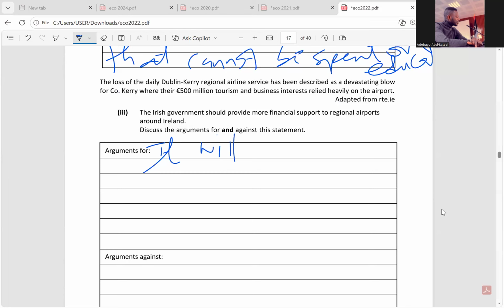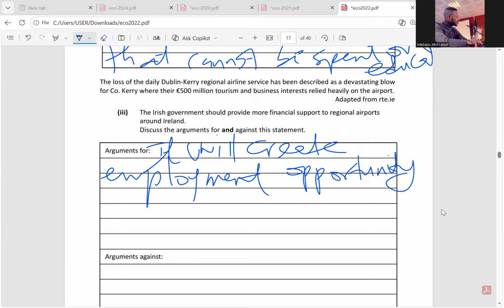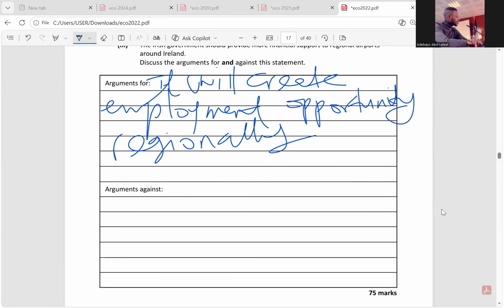It will create employment opportunity regionally. Now the argument against is that there's an opportunity cost.